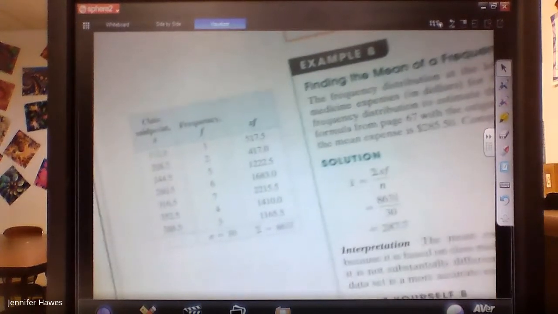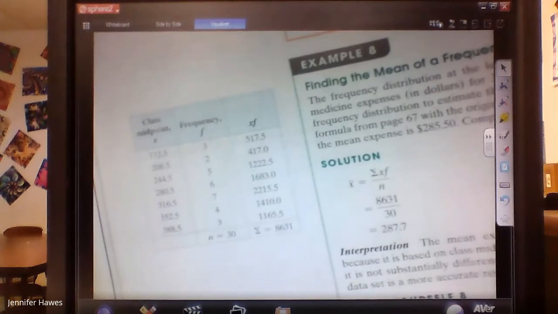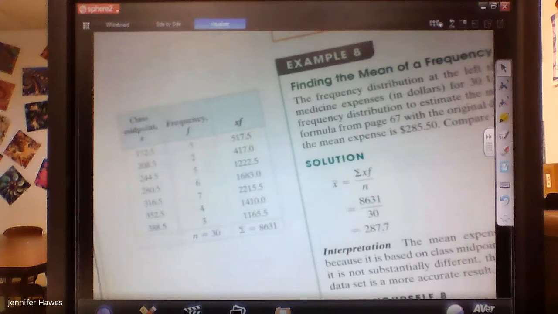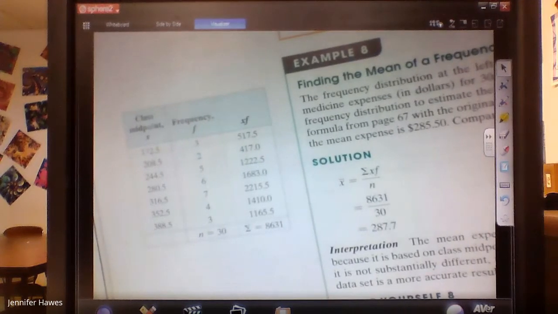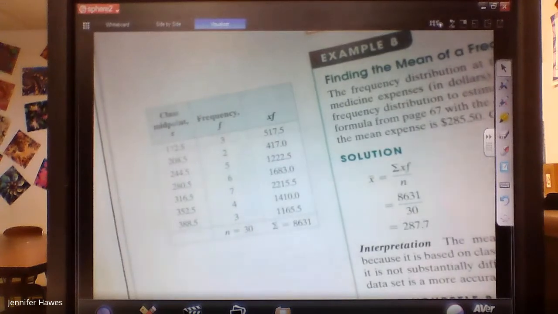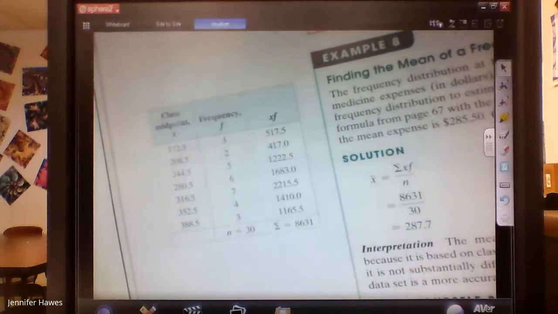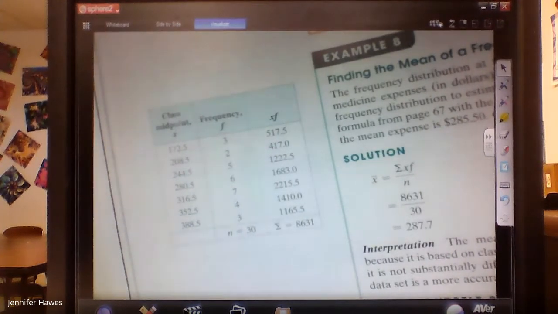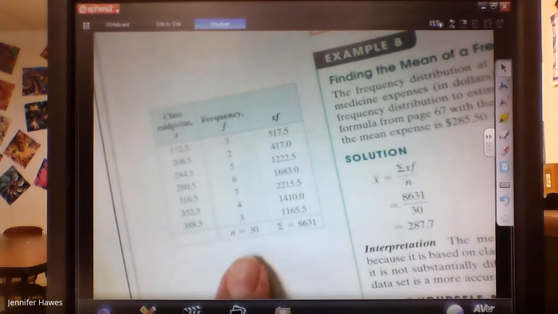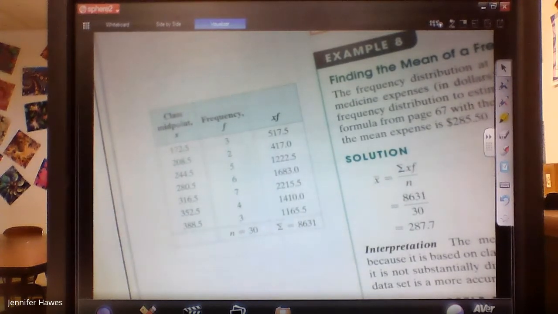So if you went through the frequency distribution at the left, it shows the out-of-pocket prescription medical expenses for 30 adults. Remember, there were just 3 people, like on your histogram, that went 3 high, then 2 high, then 5 high and 6, because there were 5 people in that class. So when you're dividing, it's the total number of tally marks you have.